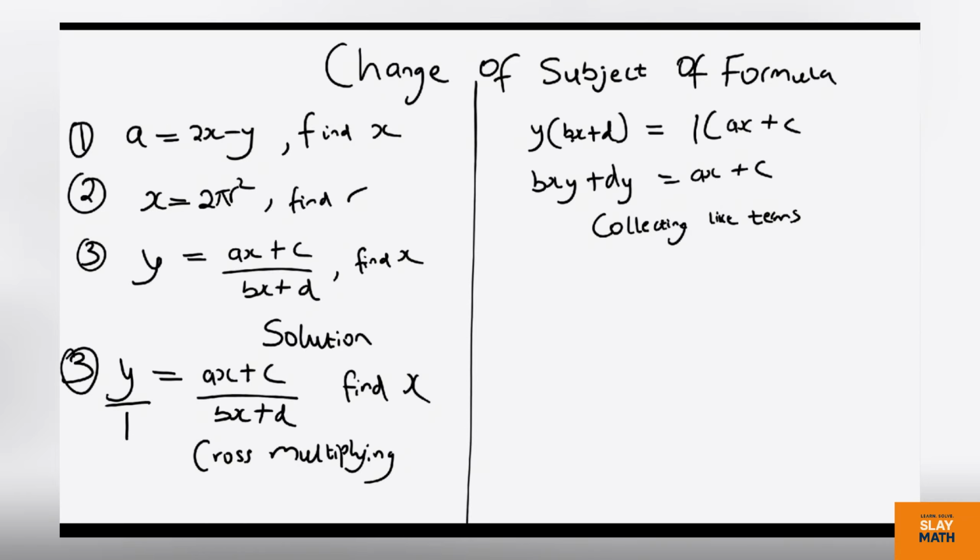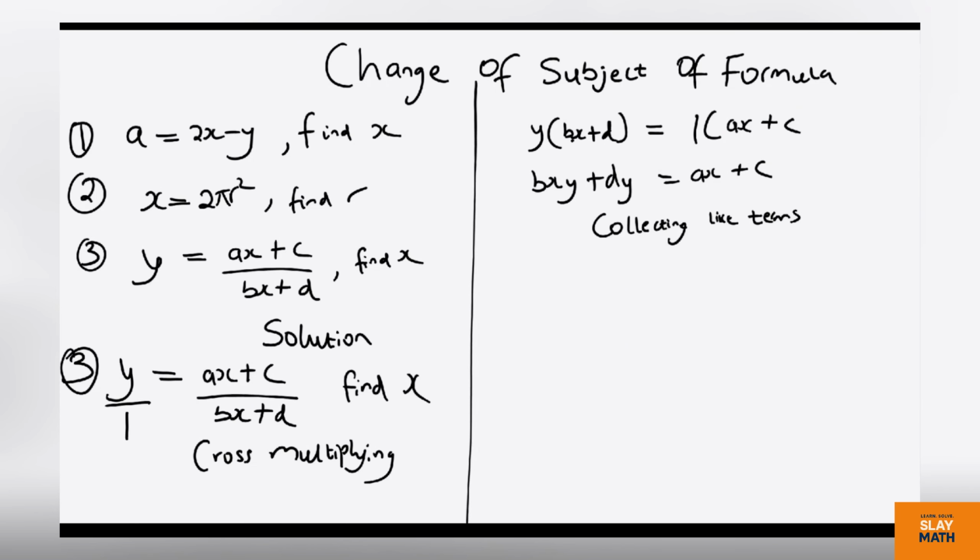So collecting like terms, we move plus ax over the equality sign to the side where bxy is, and that means plus ax is going to change to minus ax.